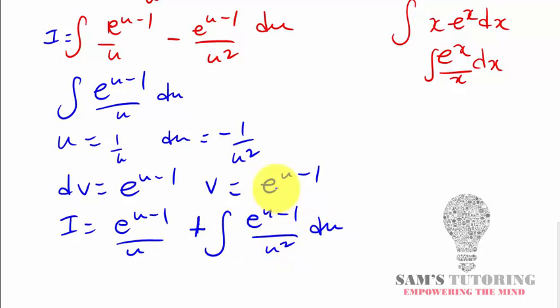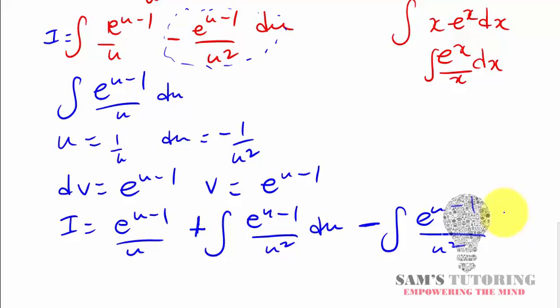And that's a good thing, because you can look above, it's exactly what you have here. So your I is equal to this plus this, but then here you still have this component which we haven't actually used yet. So if I subtract e to the u minus 1 on u squared du, look what happens.